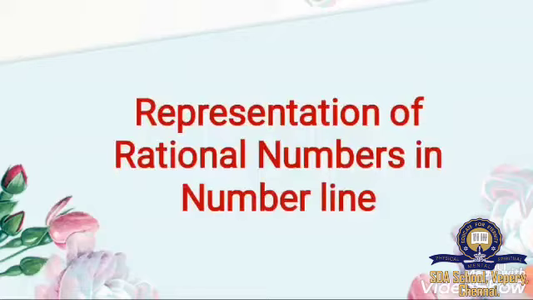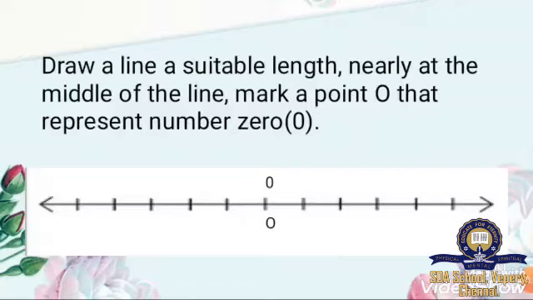You all know how to represent integers on a number line. Let us see how to do it with rational numbers. Take a line of suitable length and nearly at the middle of the line, mark a point O that represents the number 0, which means we usually draw a number line, divide it into equal halves and mark it as 0.